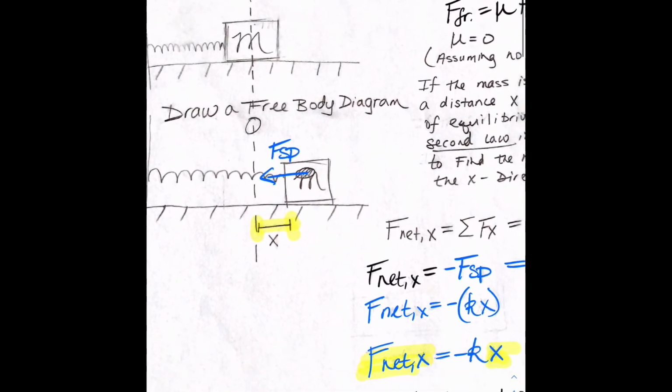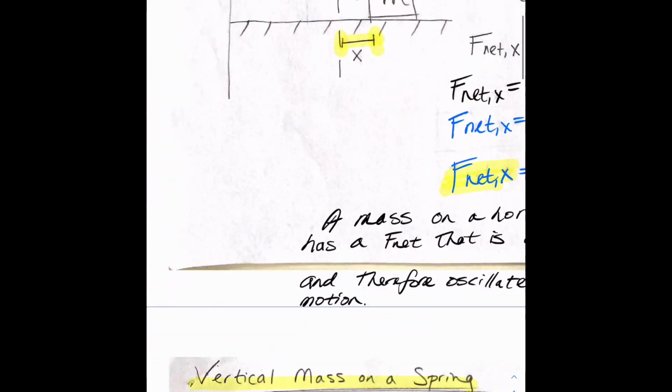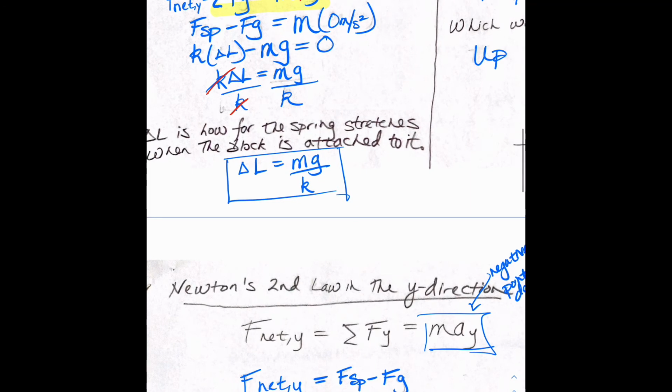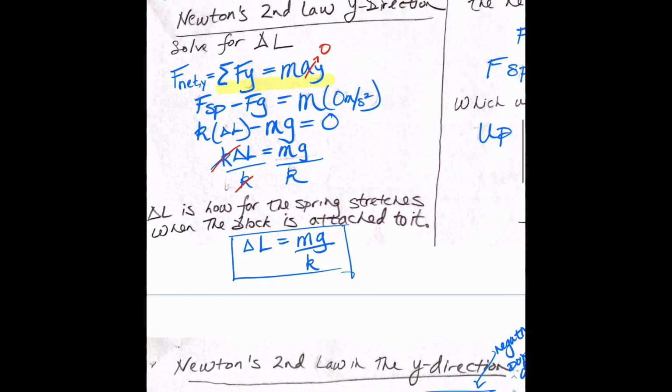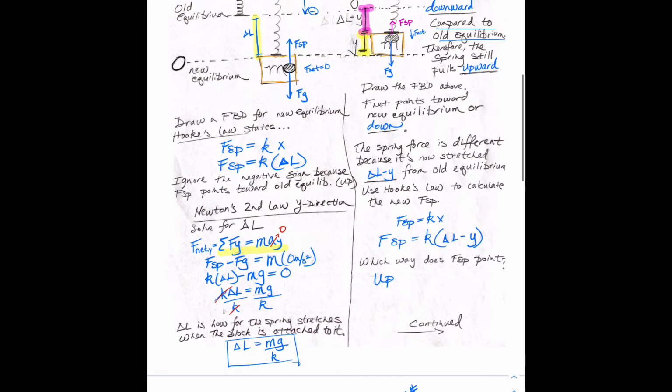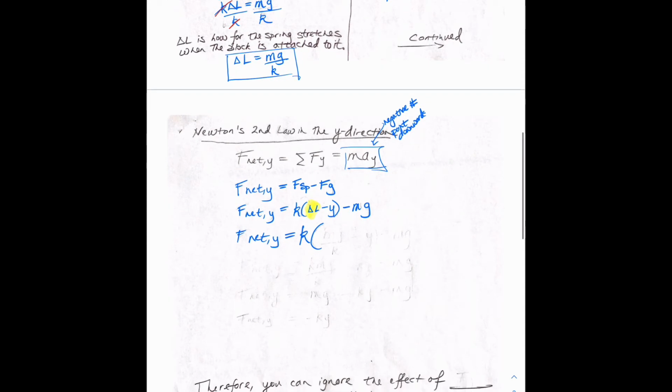If we go, where was it? Oh, it was just down here. All right, I went a little too far. Delta L equals mg over k. And so you can see now why in part 1 we wanted to find an expression for delta L. That was kind of the idea. And once again, if I'm losing you, this is all covered in your textbook, but you might just have to go back and watch it one more time, and it should make sense.